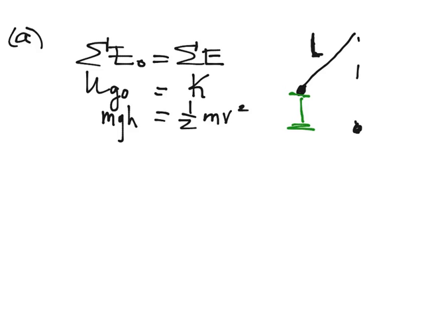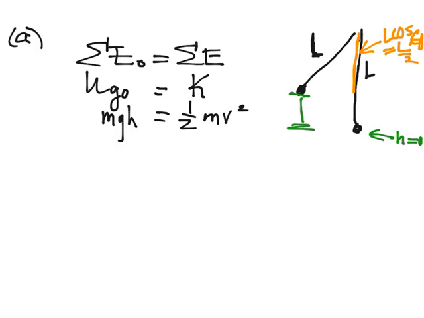So we have a height equals 0 right here, and we know this whole length is L. So this length right here must be L minus L cosine 60, because this length right here will be L cosine 60. And hopefully you remember that cosine 60 is 1/2, so that's going to be L over 2.